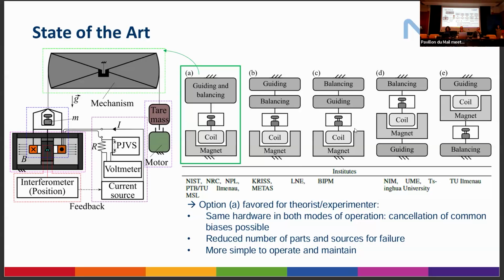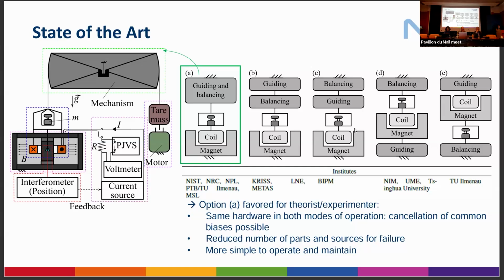And both guiding and balancing mechanisms have to support a certain load in your experiment. So there are different ways, and different groups of Kibble balance have chosen different ways to do guiding and balancing mechanisms. If you look at A, guiding and balancing mechanisms are both combined.